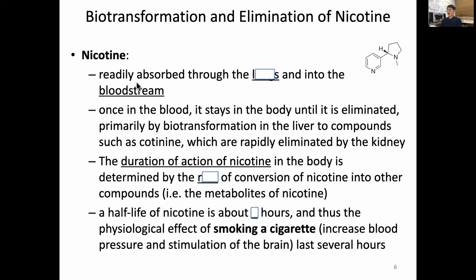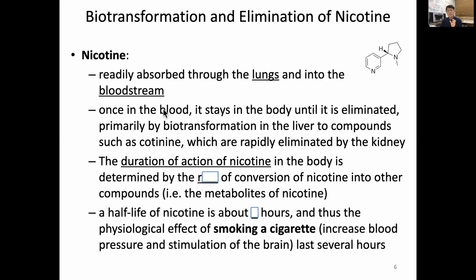Nicotine is readily absorbed when you inhale, through the lungs, and it gets directly into our bloodstream because of the circulation exchange in the lung to the capillary.